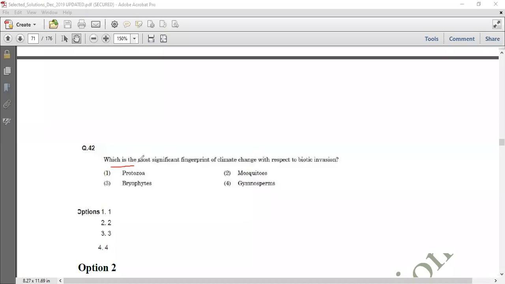So it says which of the following, question number 42, it says which is the most significant fingerprint of climate change with respect to biotic invasion. So it's correlating the climate change with biotic invasion, right? And it is saying which among the following organisms is the solidest fingerprint to indicate climate change with biotic invasion.